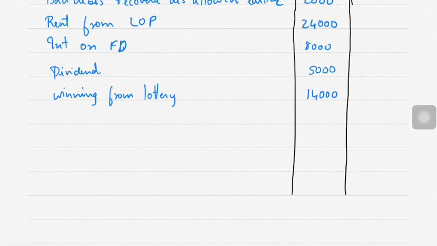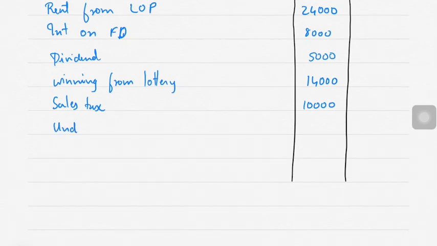And your adjustment number 4 and last adjustment. Sales tax, $10,000 and opening stock, undervaluation of opening stock.